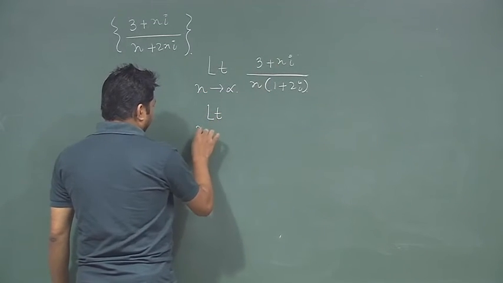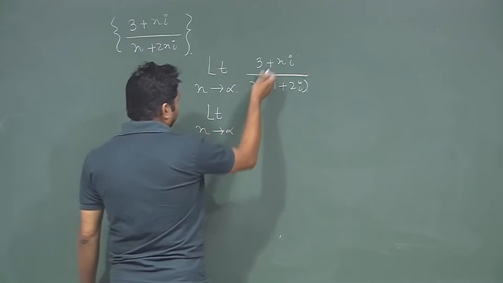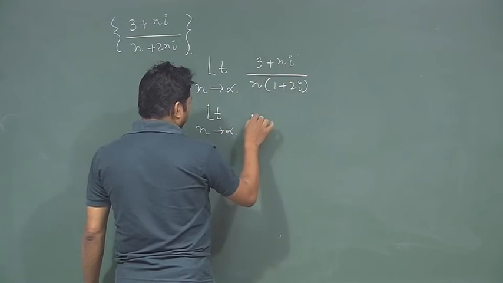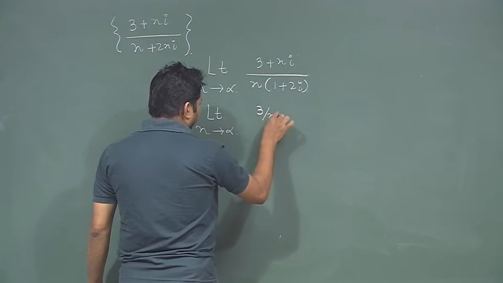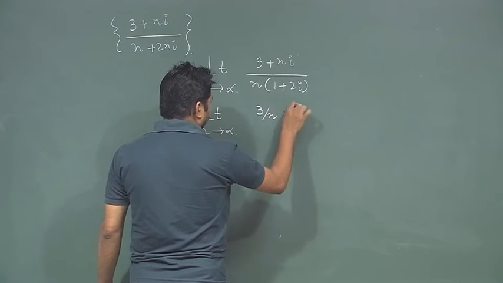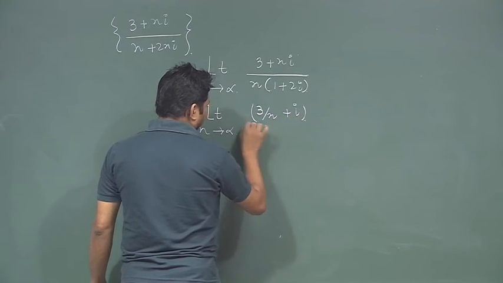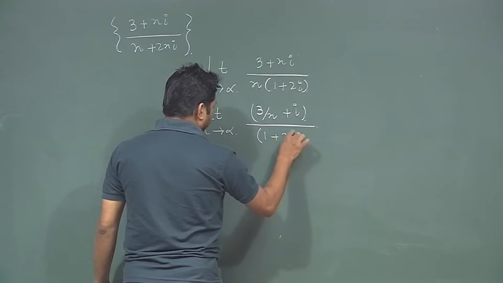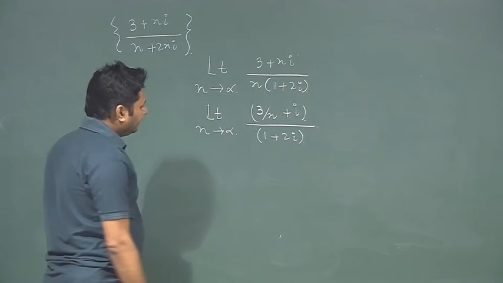If I take n common out, it will readily be 3 divided by n plus I, divided by 1 plus 2 I.